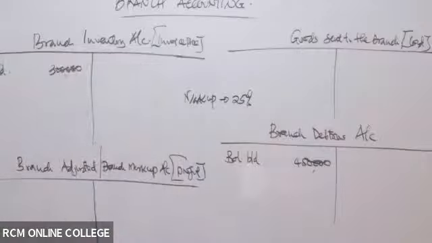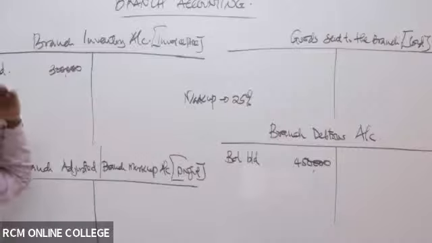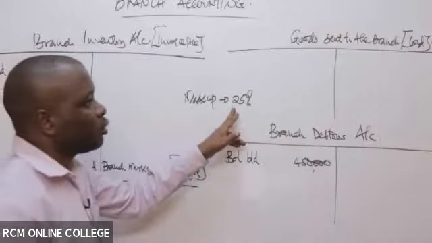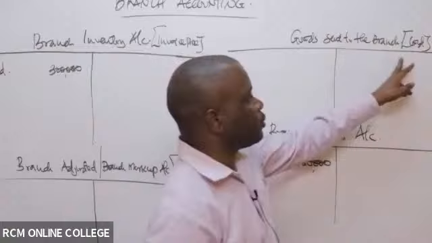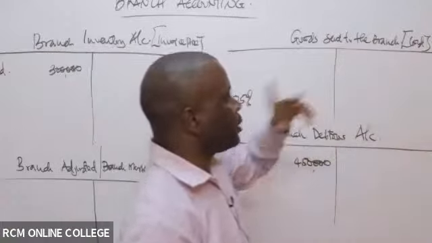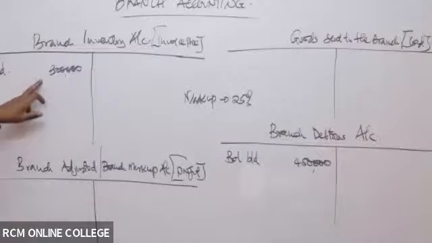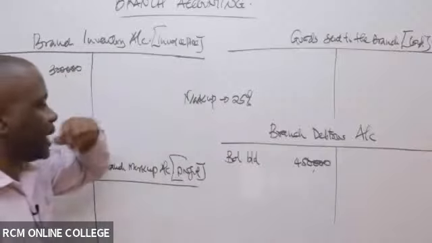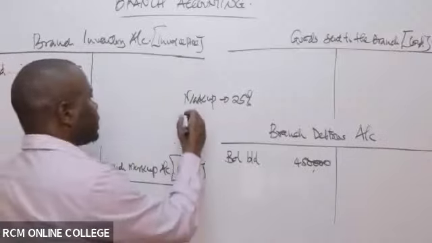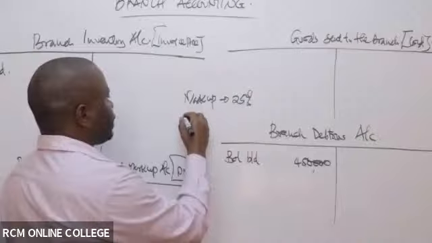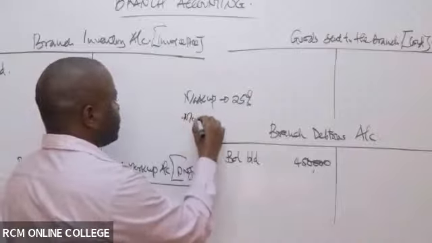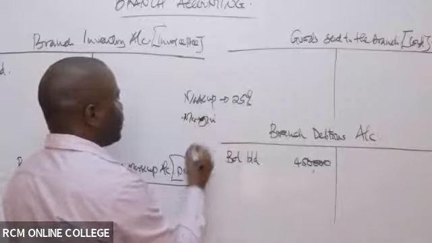So the profit element here we have to pass through the branch markup account. This 25% is on the goods sent to the branch. But now we have to recognize the profit element in this inventory, which is at invoice price or the selling price. So in this case, you have to convert this into what we call a margin. We have to convert this one into a margin.